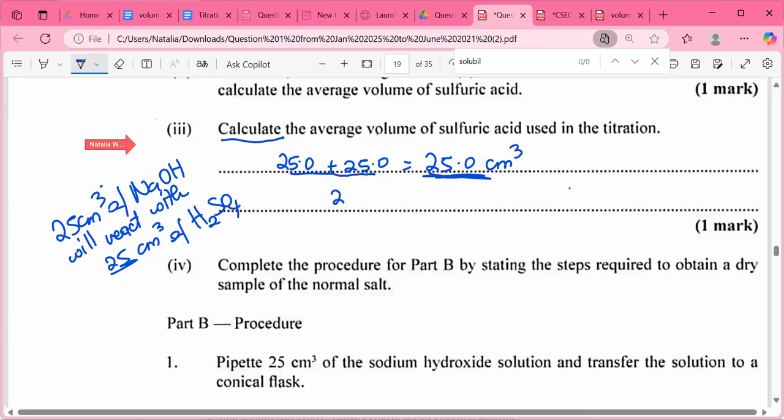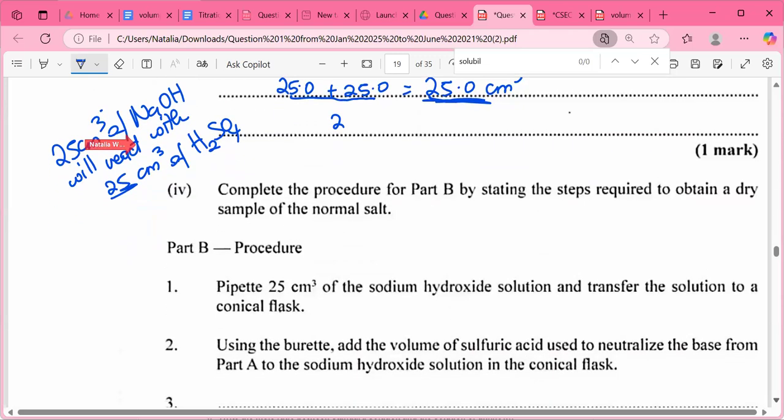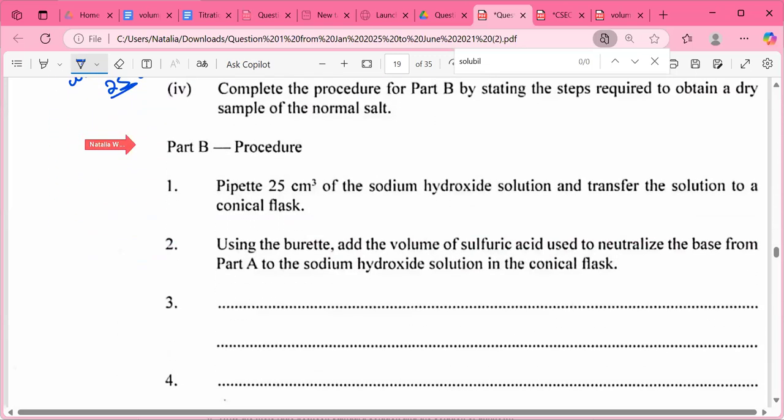So we're pipetting the same procedure they used a while ago. Pipette 25 centimeters cube of sodium hydroxide solution and transfer the solution to a conical flask. Using the burette, add the volume of sulfuric acid used to neutralize the base. So we're not using the indicator, right? Because we already know the volume of sulfuric acid which neutralized my sodium hydroxide.